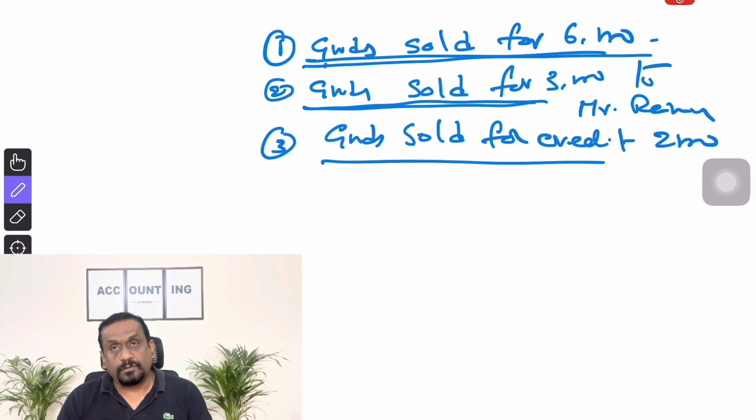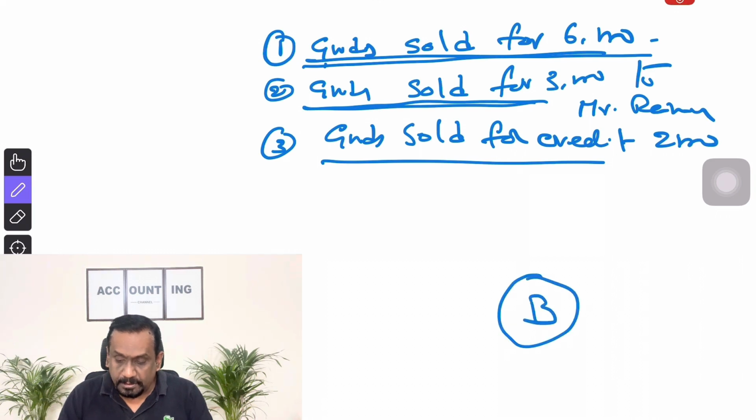Next. Goods sold for 3,000 rupees to Mr. Ramu. We sold goods to Ramu. Did they mention cash? No. Did they give the name? Yes. So how do we need to consider this transaction? As a credit transaction. Then, next question, business.